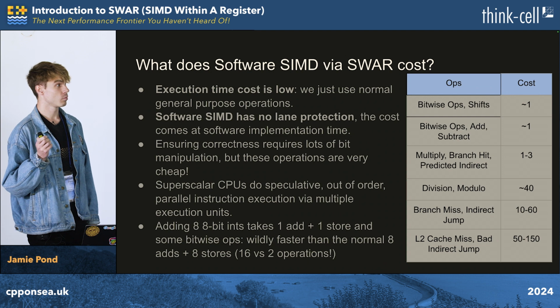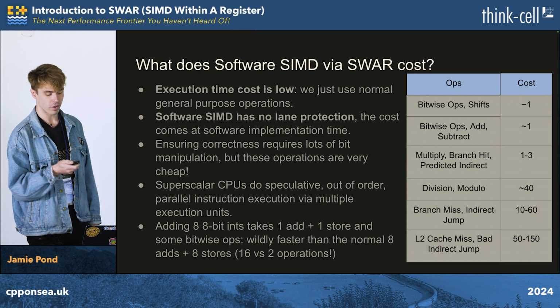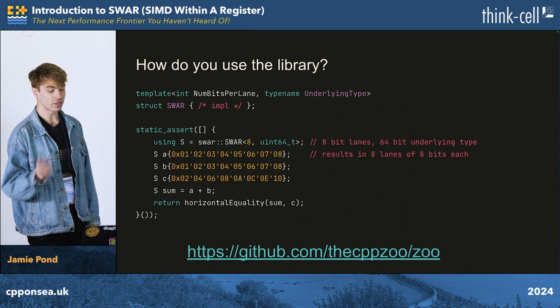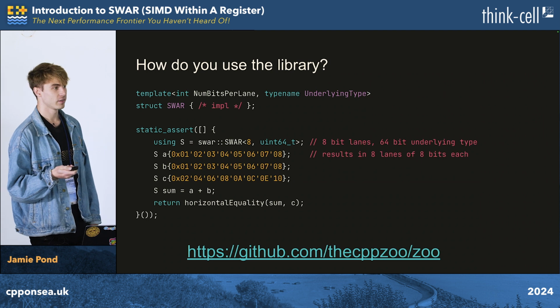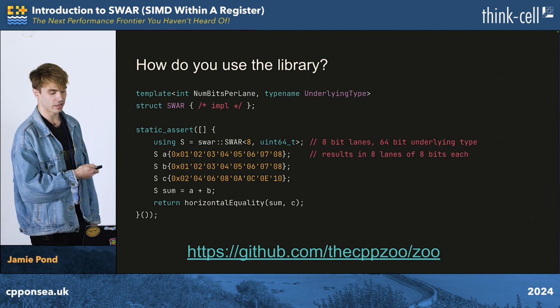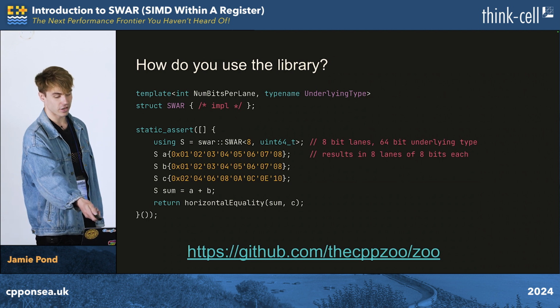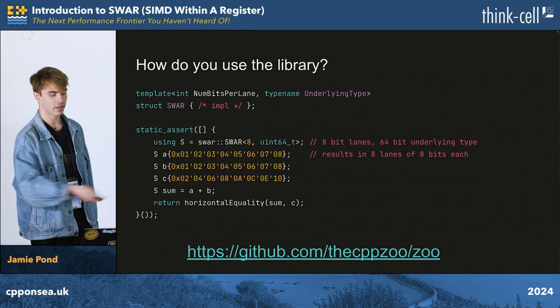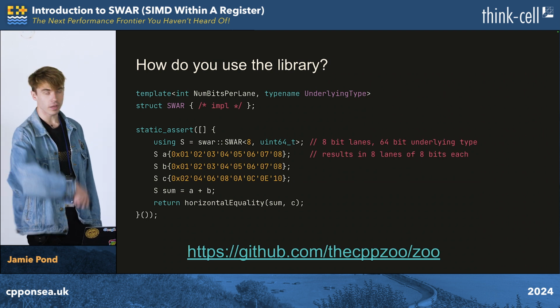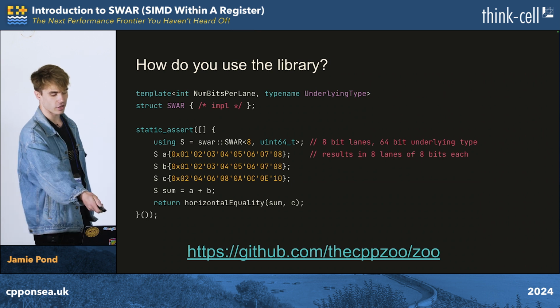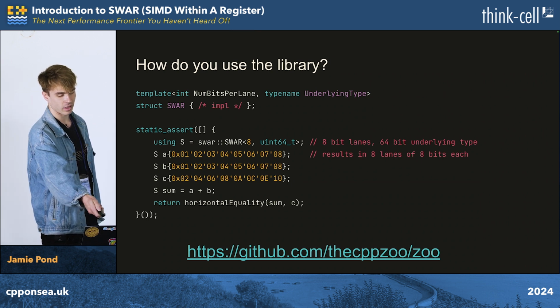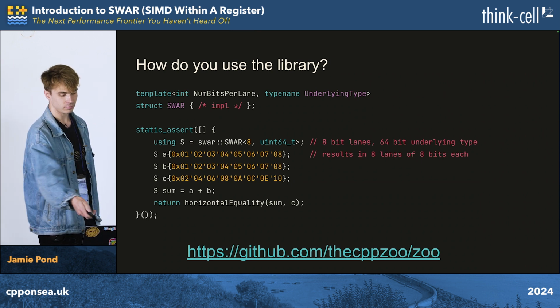So I've been talking about these techniques in general, but I want to show off that this is, in fact, a library that we've made. And this is how you use it. You can create a SWAR instantiation, and you tell the SWAR template how many lanes you want, and what's the underlying type you want to use. So for this example, you've got 8 lanes in a 64-bit underlying type.